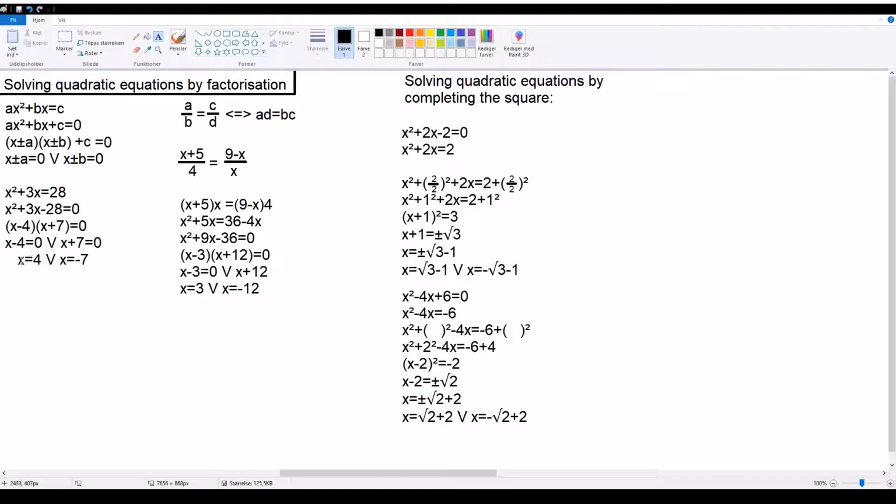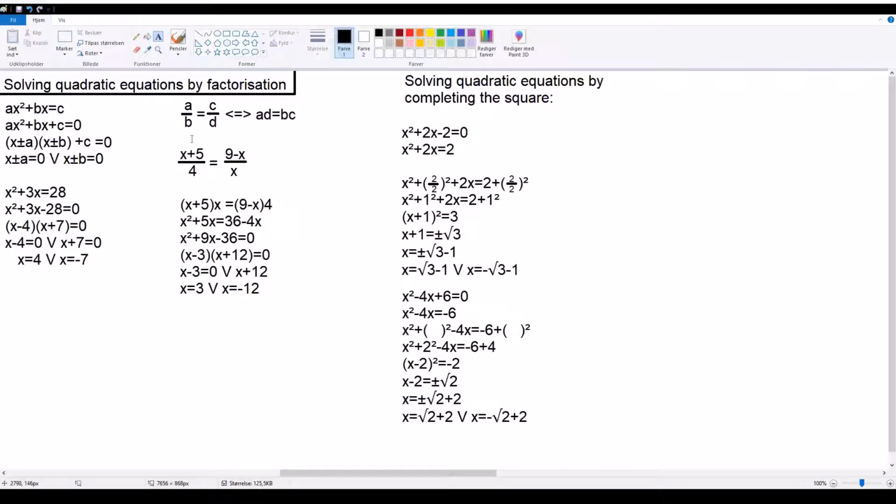And this means that either x minus 4 equals 0 and or x plus 7 equals 0, meaning that either x is equal to 4 and or x is equal to negative 7.